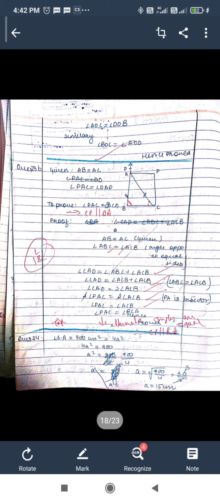Now if these are equal, then the sum of angle ABC plus ACB will be equal to the exterior angle CAD, and AP is the bisector, so CAD will be equal to ACB plus ABC, and since ACB and ABC are equal, we can write 2 times ACB equals angle CAD, and angle CAD, since AP is the bisector of the angle, we can write it as 2 times this, and like that we will prove it.